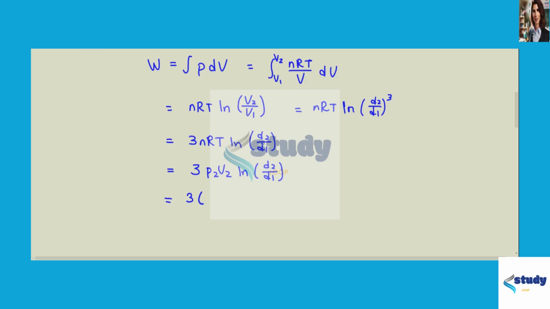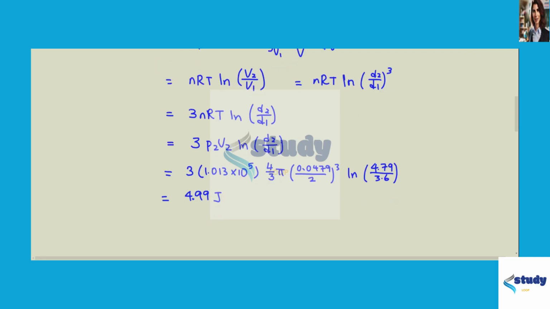So you have 3 times 1.013 times 10 to the 5, which is P2, atmospheric pressure, and V2 is 4/3 pi (D2/2) cubed. D2 we found in part A to be 4.79 cm, so you put 0.0479, then natural log of 4.79 over 3.6. Inside the logarithm you can just use cm, but outside you need SI units. You calculate this and get 4.99 joules.